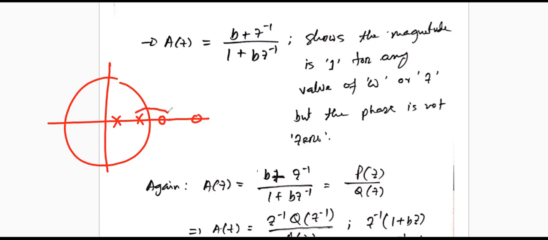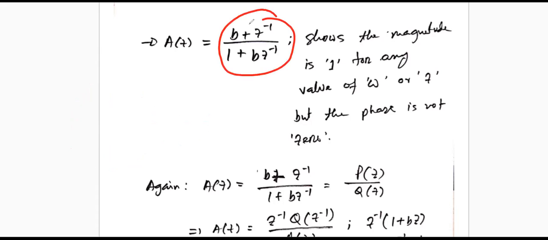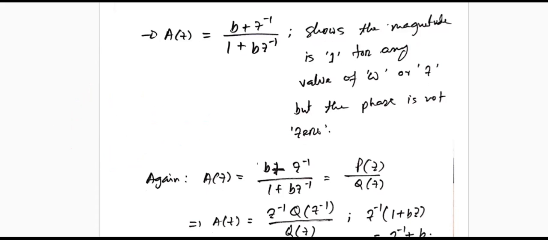So they make a couple, always. On the left side, again, if I put a pole here, of course I have a zero there, and they make a couple. So poles and zeros have a relation like this.